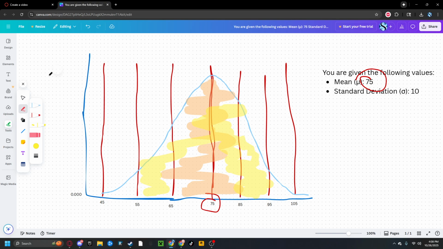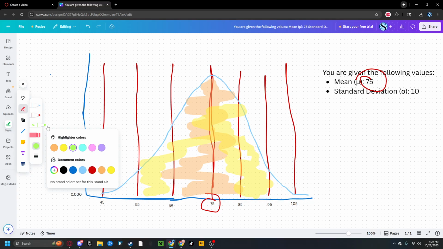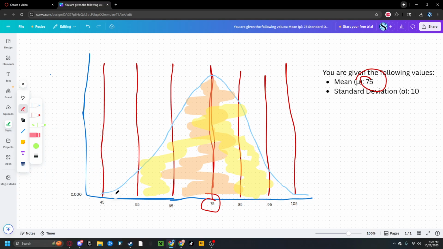And then finally, 99.7% of the data falls between 45 and 105. This means that values outside this range are extremely rare in a normal distribution.